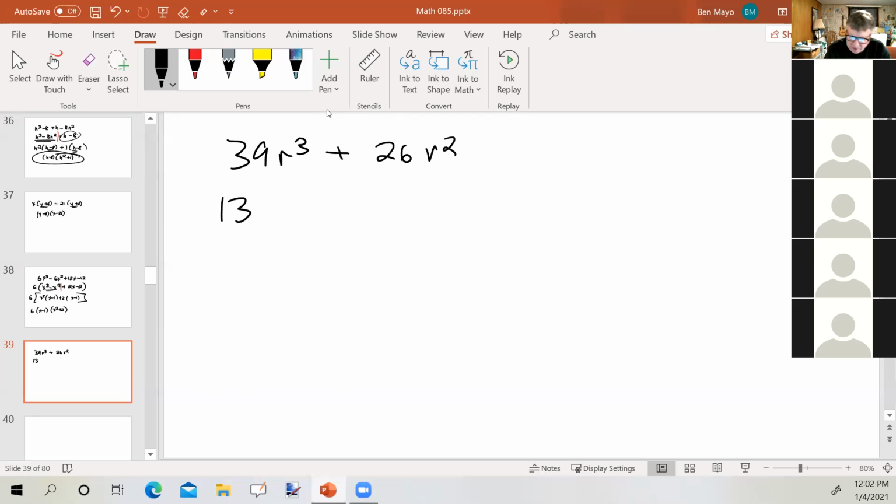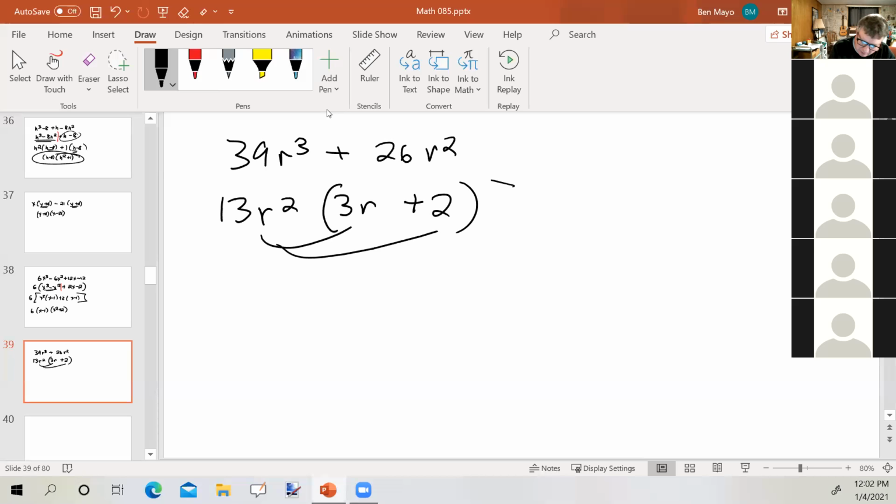Excellent. What goes into r cubed that also goes into r squared? R squared. Excellent. So now what's left? I've got 3r, because that times that would be 39r cubed, plus 2, because that would be 26r squared. So 13r squared times the quantity 3r plus 2.